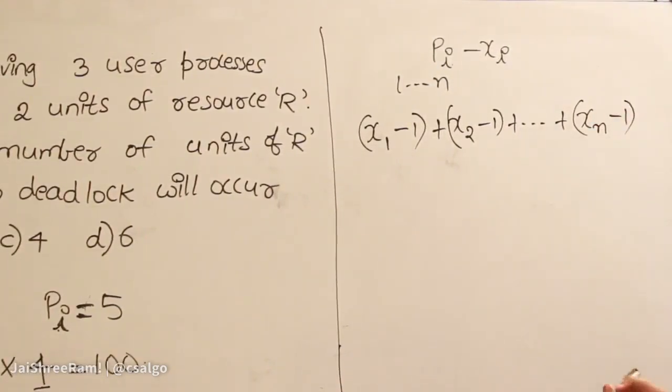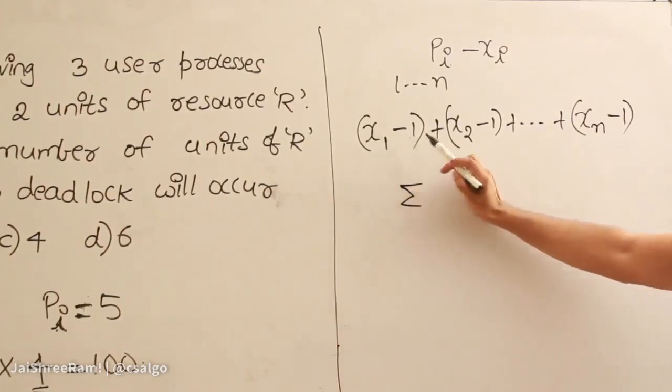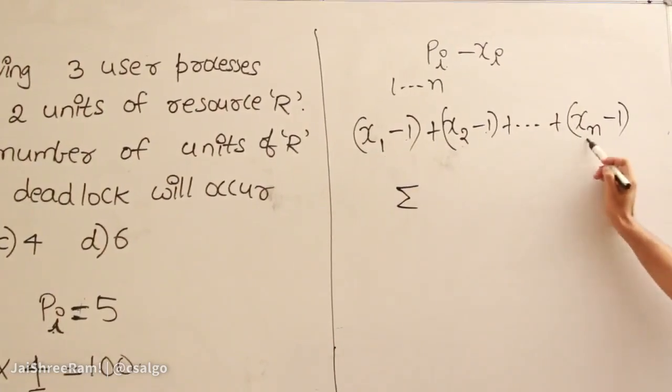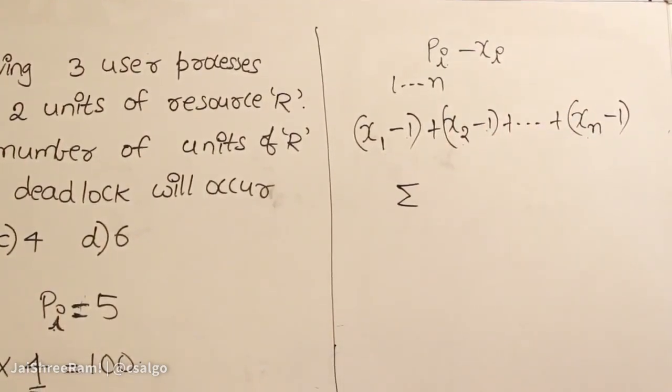Then if I add them all up, from x1 I subtracted 1, from x2 I subtracted 1, and from xn I subtracted 1. Therefore, from the complete sum I have subtracted 1 n times, right?